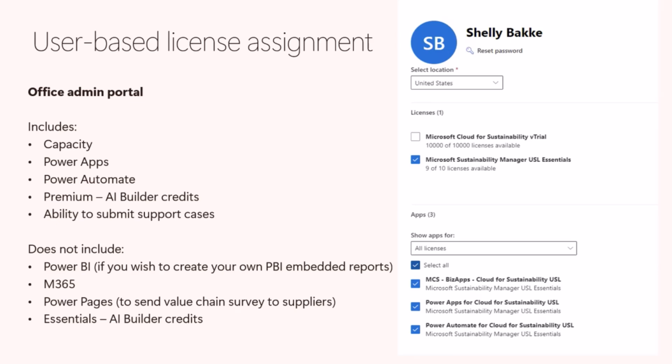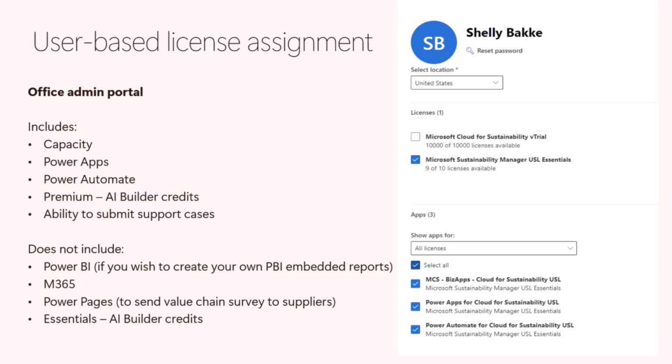And then also, if the customer wanted to use the Power Pages survey template to send out the survey to their suppliers, using the ESG value chain and the survey template that we ship, they would then need to make sure that they are also licensed for Power Pages appropriately, whether they are anonymous or not anonymous on the Power Pages side.